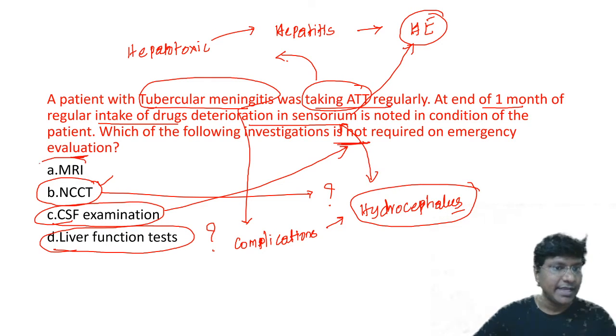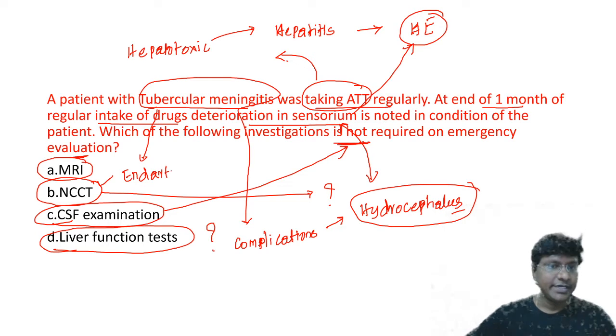Then coming to your MRI of the brain. Now what is the purpose of doing MRI of the brain? The other complication you will come across in patients with tubercular meningitis is tubercular endarteritis. Now, what will be the manifestation of tubercular endarteritis?